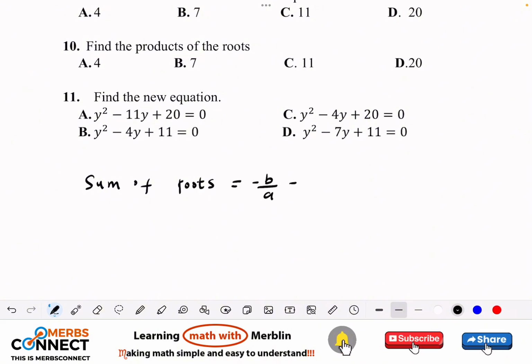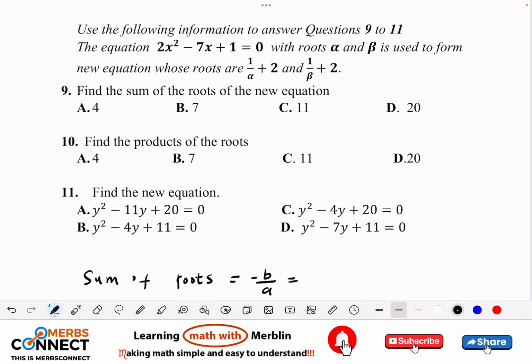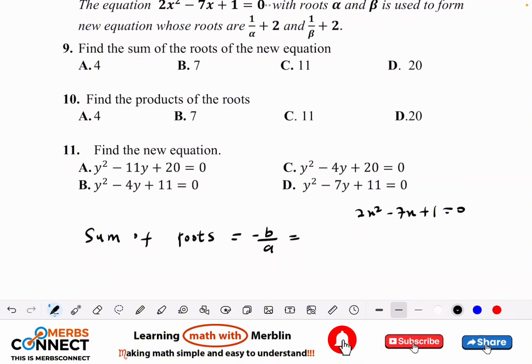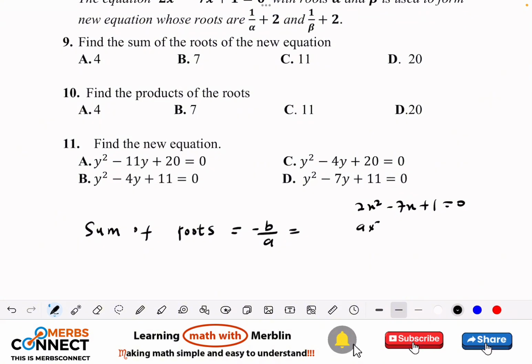That is the sum of roots. So now let's go to our function, which is given: 2x squared minus 7x plus 1 is equal to 0. When I compare this one to the quadratic function, I can see that a is equal to 2, b is equal to minus 7, and c is equal to 1.